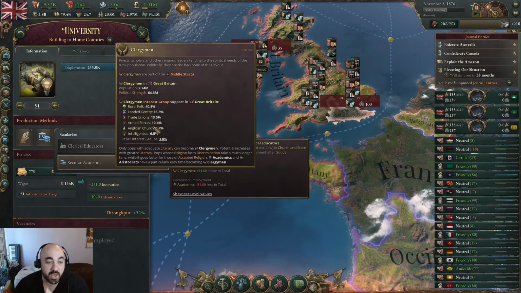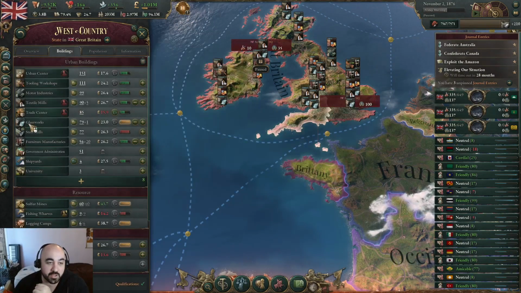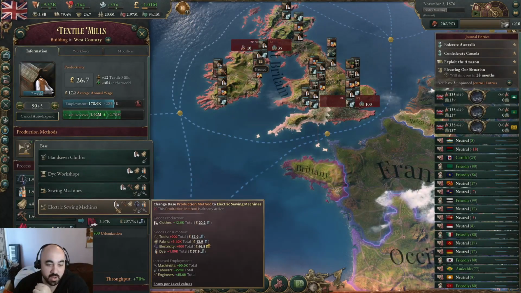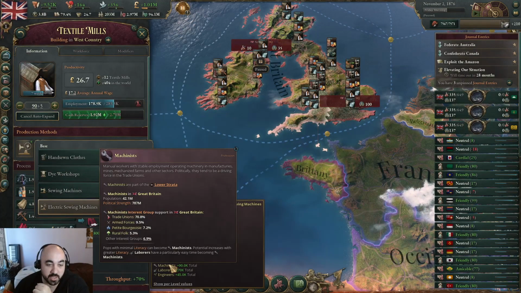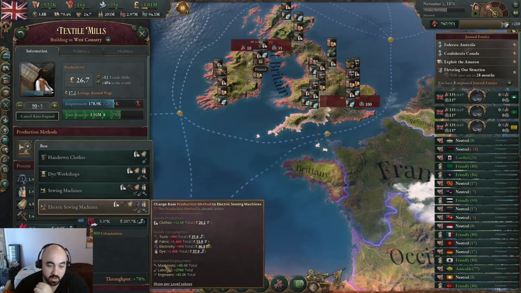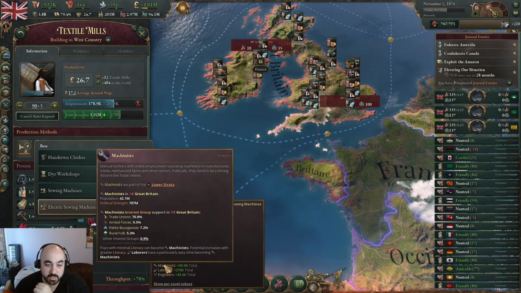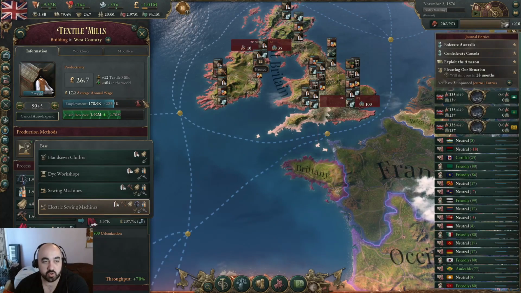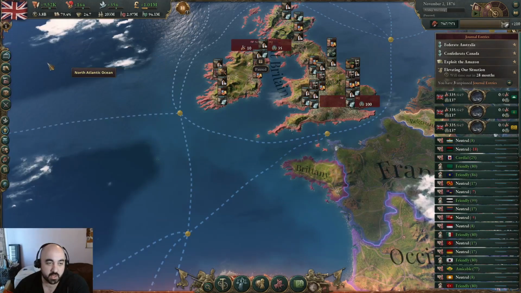So you want to just pay attention to your PMs, what type of people they're hiring. For example, when you start switching a lot to machinists later on, machinists tend to be more trade unionists, right, than the laborers they often replace. So see 70% versus 54%, so pay attention to which interest groups this sort of thing affects.